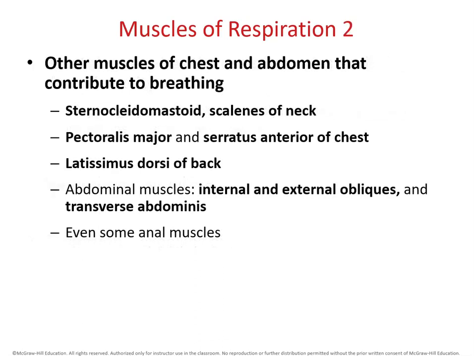There are some other muscles that can contribute to breathing. These include the sternocleidomastoid, the scalenes in the neck, pectoralis major, and then some of the muscles that we generally think of more as abdominal wall muscles, the internal and external obliques and transverse abdominis.